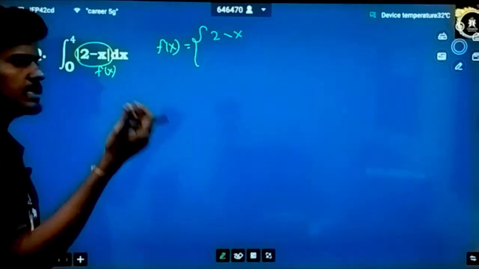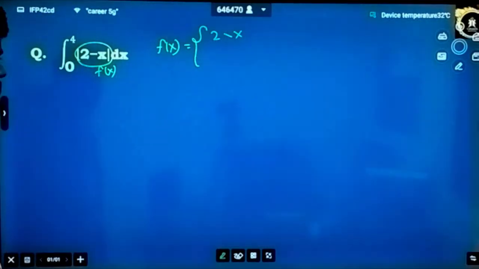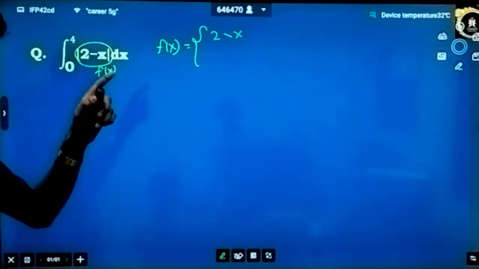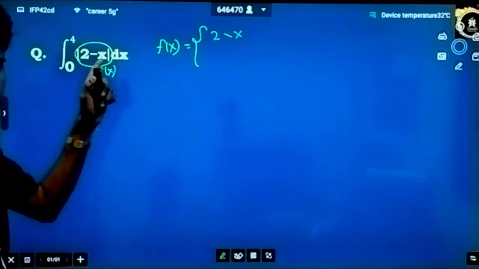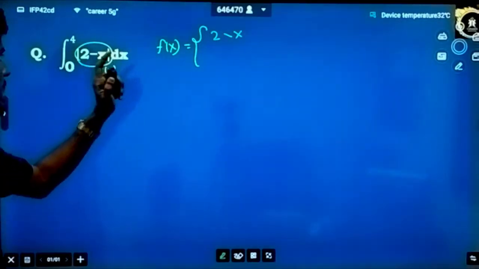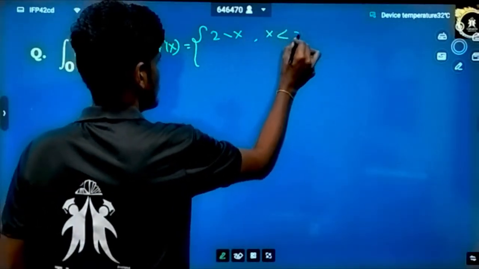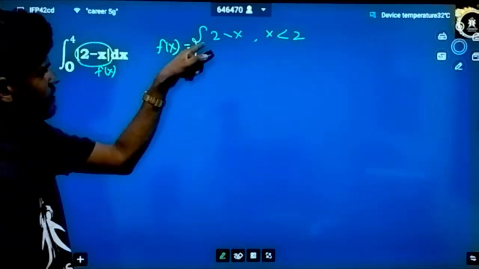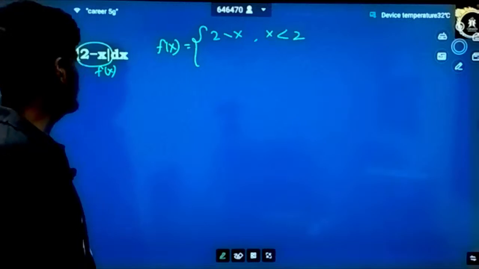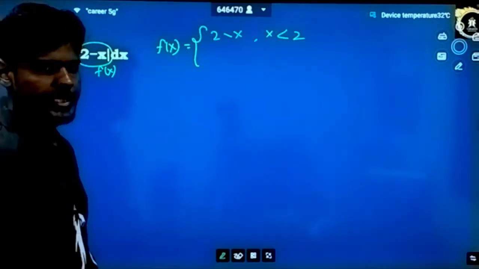When 2 minus x is greater than 0, that means 2 is greater than x, or x is less than 2. So whenever x is less than 2, we get this value as a positive number. That means the same value applies.